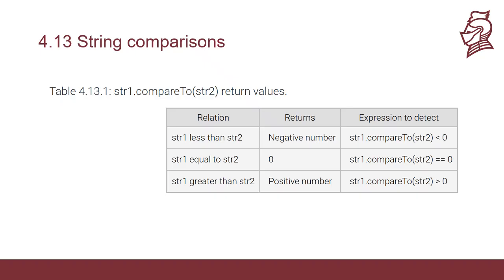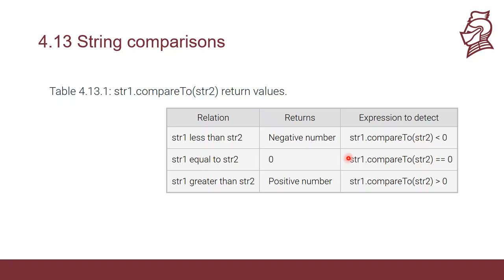So it works like this. If string one is less than string two, the one you have in here, the compareTo method returns a negative number. So what we want to do is say, is string1.compareTo(string2) less than zero? If so, do so and so, because that means string one comes before string two alphabetically.